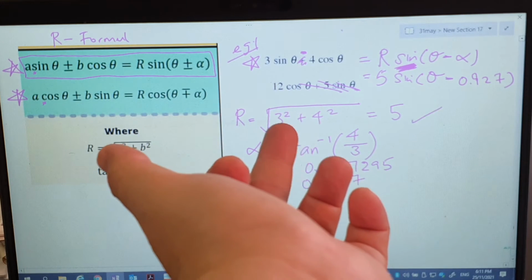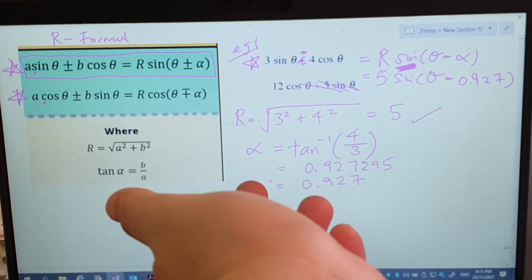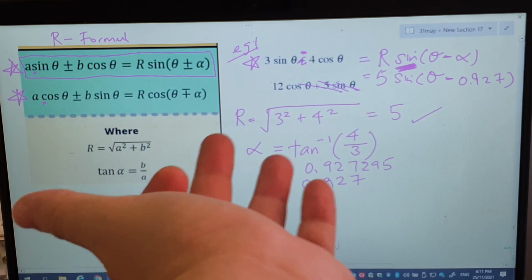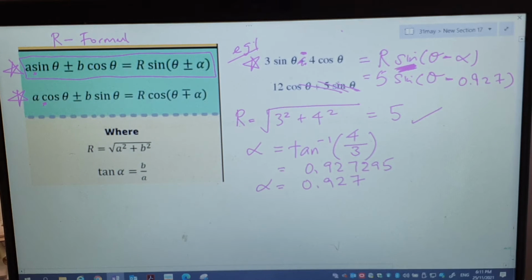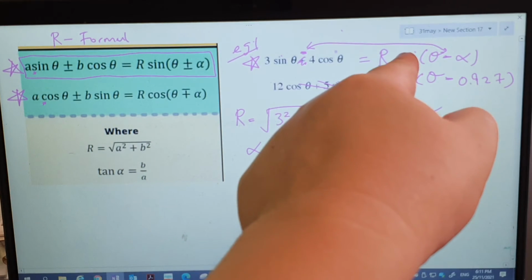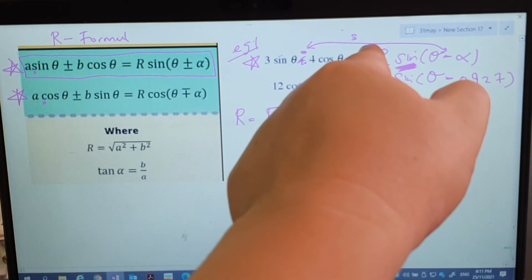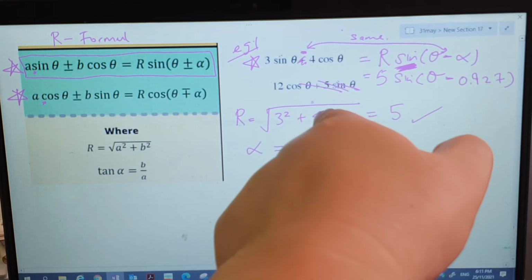Your R value and your alpha value all remain the same. Simple. That's why when I taught you the addition formula, I told you to remember sign have the same sign.